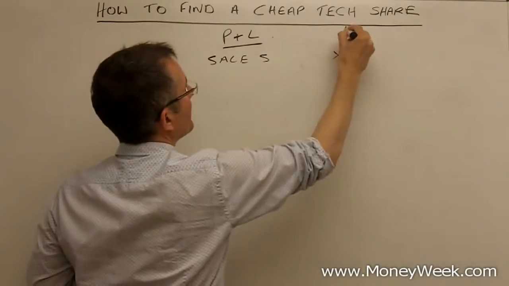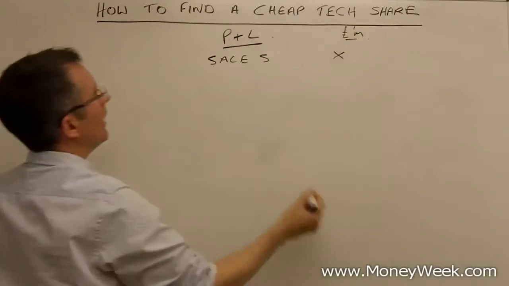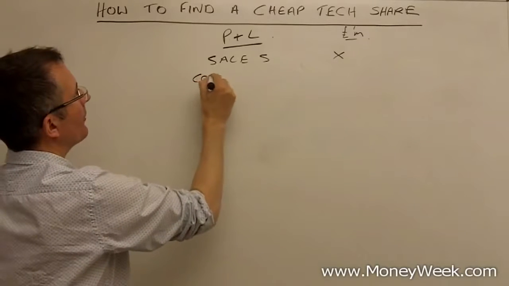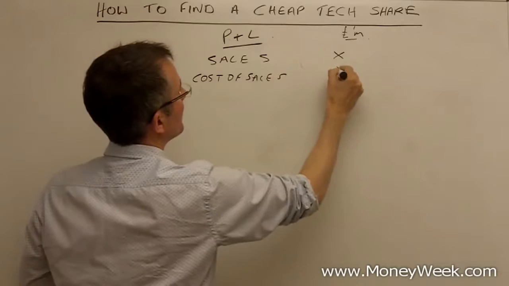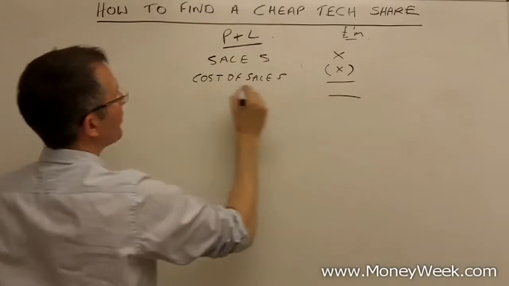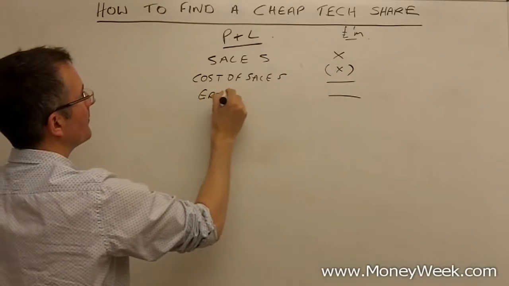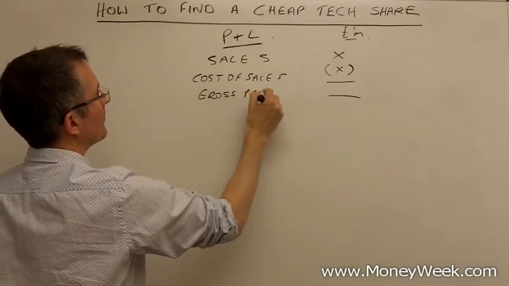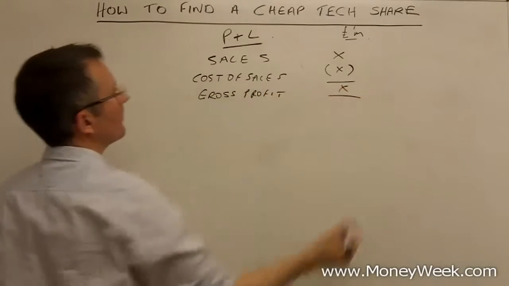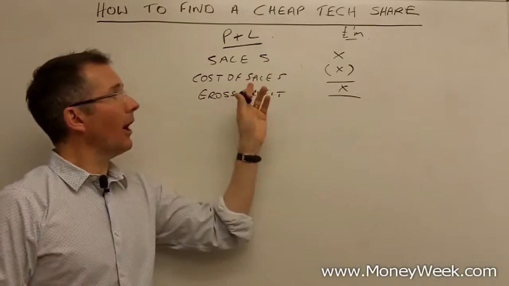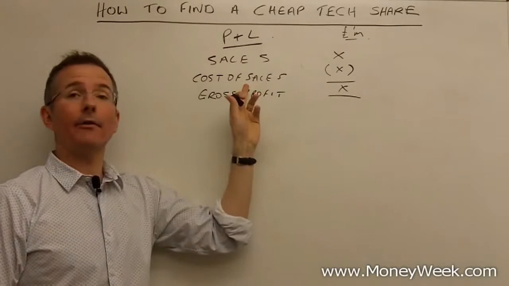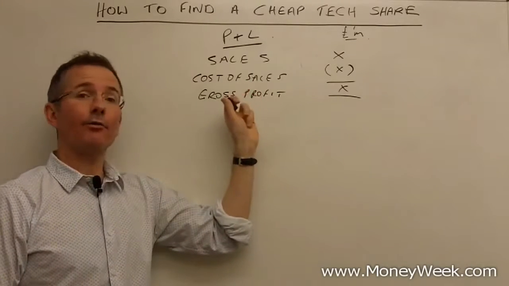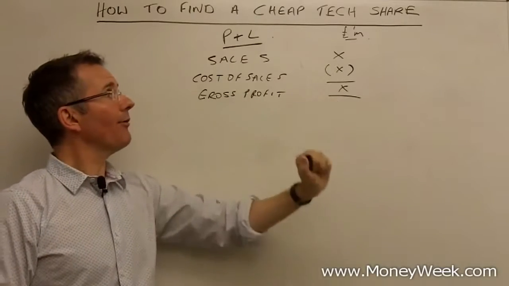it's in pounds, millions. Then we take away what are called cost of sales, and that generates what's known as a gross profit. So sales minus direct cost of sales, things that vary with each sale, like light, power, printing costs for a magazine, gives you your gross profit.